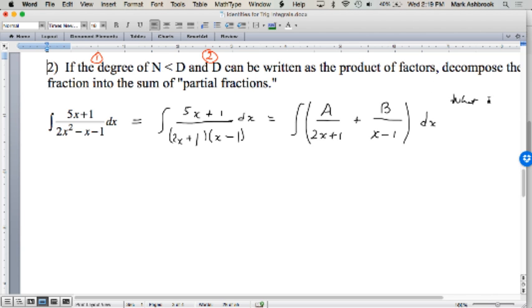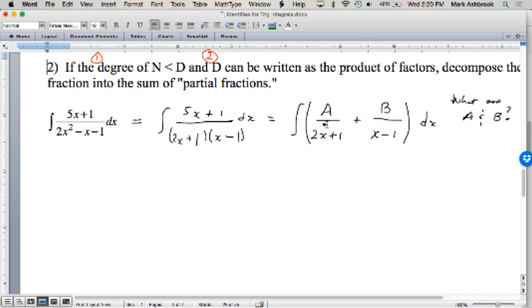If we can figure out what a and b are, then we're done. We have a new form of the rate of change function that will be easy to write the antiderivative of. Whereas with this, none of our techniques work so far, right? It's not undoing the chain rule, it's not undoing the product rule, but it does fit the criteria for partial fractions.